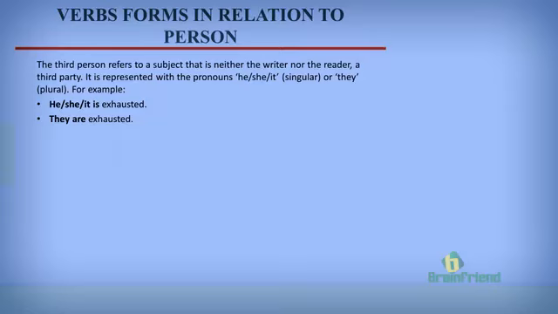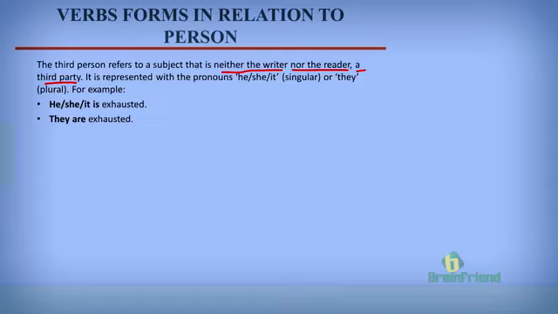A third person refers to a subject that is neither the writer nor the reader, a third party. We did say that the first person is the speaker or the writer. The second person is the listener or the reader. Now the third person is not the reader, he's also not the speaker. He's not the writer, and he's also not the listener. He's just a third party.